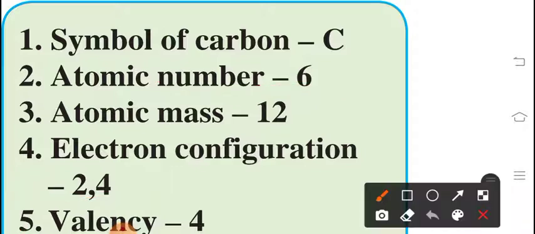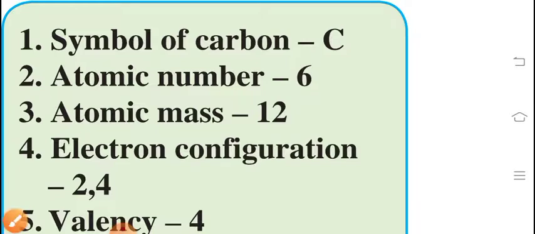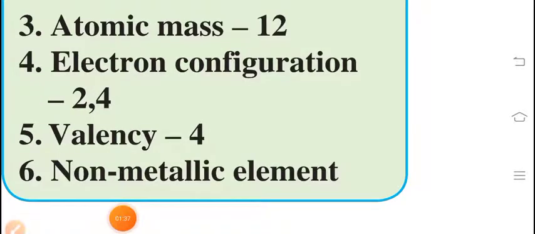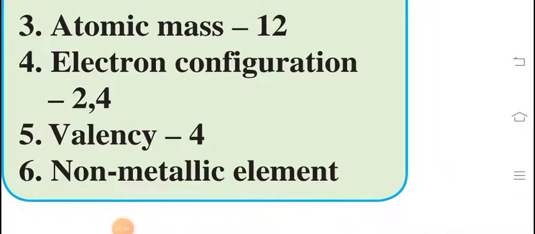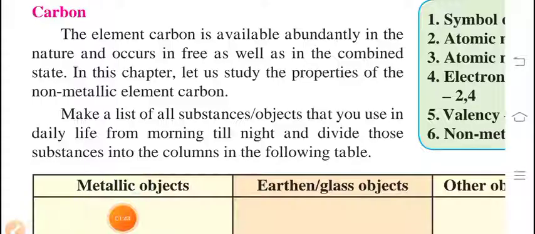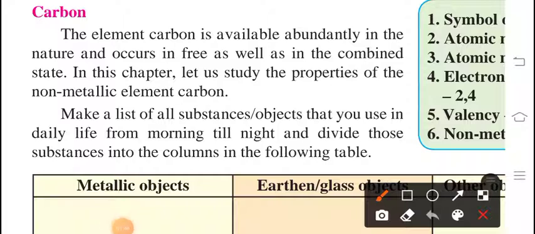Its outermost orbit has 4 electrons, hence its valency is 4. It is a non-metallic element. Carbon is available abundantly in nature and occurs in the free as well as the combined state.